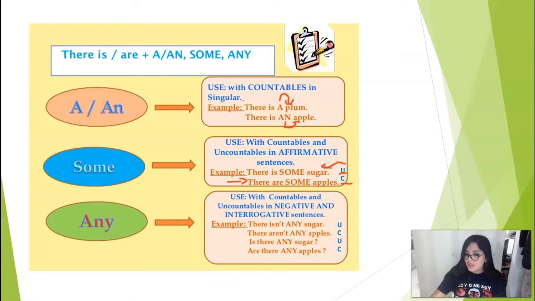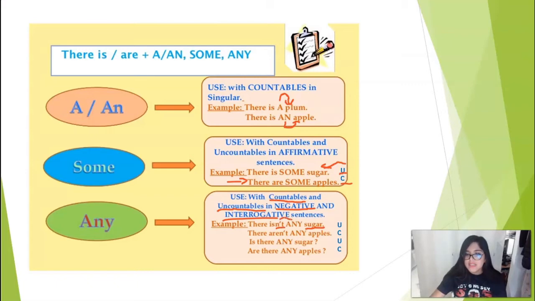Then I have any. I use any with countables and uncountables in negative and interrogative sentences. Here we have the examples. With uncountable nouns, there isn't any sugar. So this isn't is abbreviation of not.